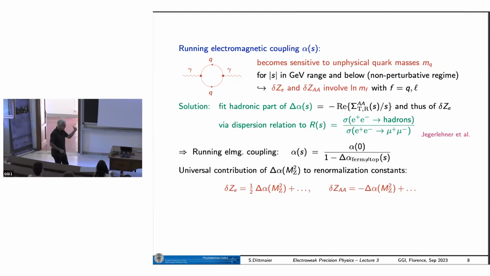If you go down to momentum transfer 0, you just have alpha 0, and if you cross all the resonances to several GeV, most usually when we go directly to the Z boson, we have alpha of MZ, and what lies in between is the effect of the resonances.